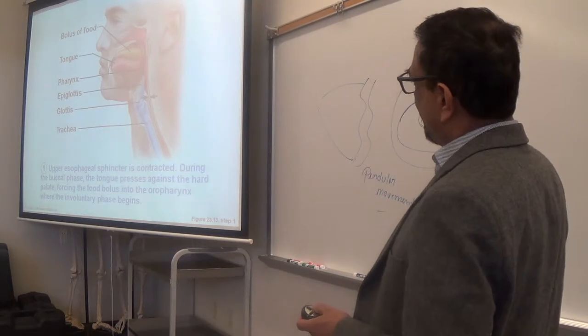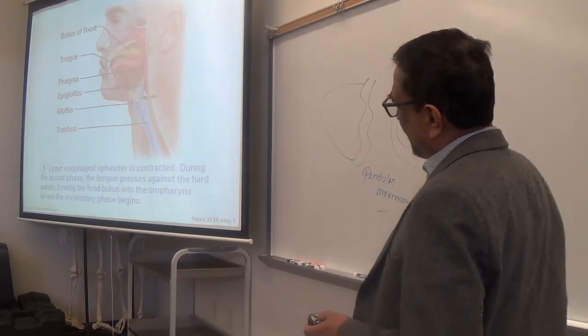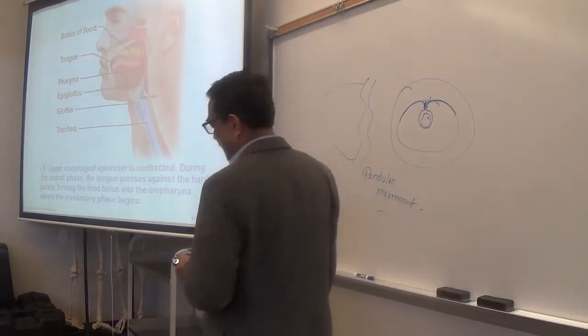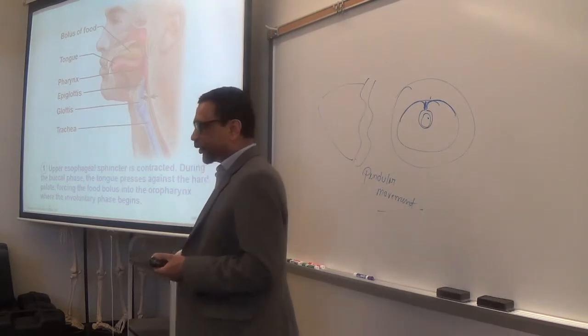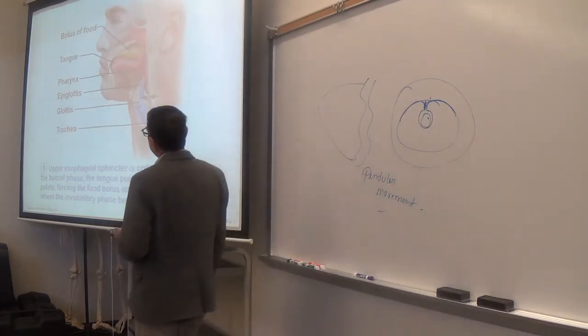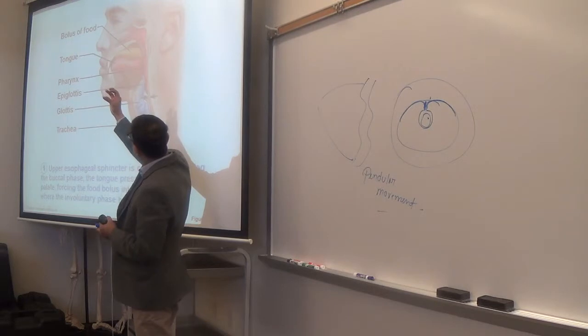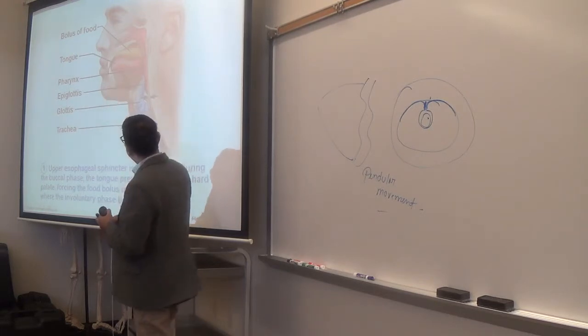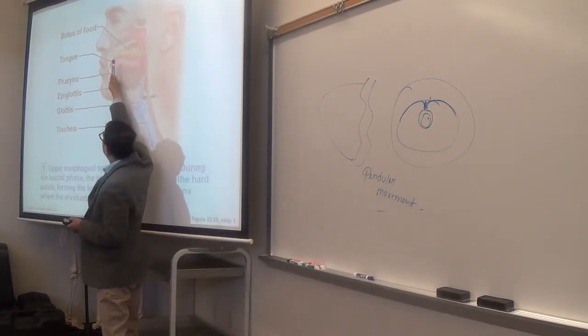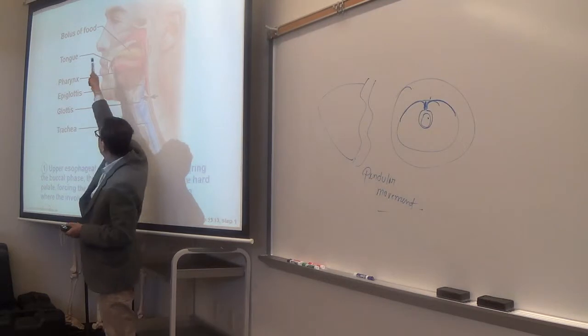Now, this is a food bolus inside the mouth. How do we initiate or start deglutition? First, you see, the food bolus is slippery, so it moves easily. First, we push the front part of the tongue against the hard palate. This is the hard palate.